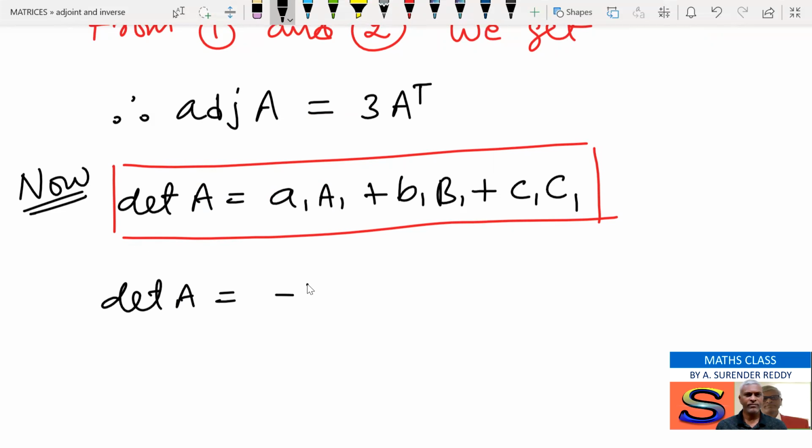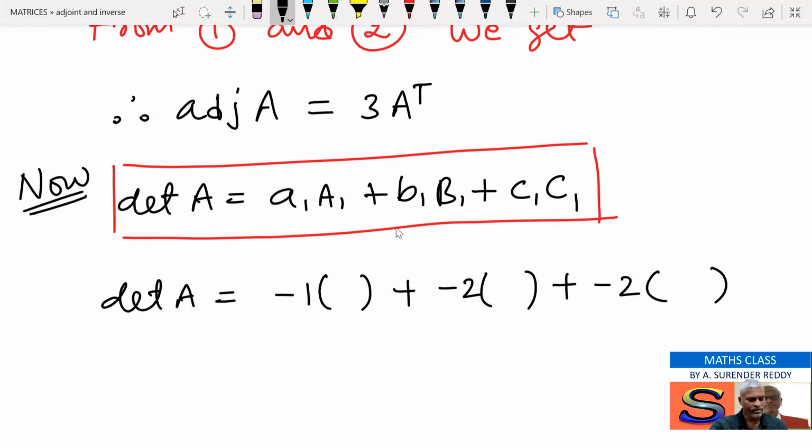So -1 is A1, -2 is B1, and -2 is C1. Capital A1, capital B1, capital C1 are the cofactors.